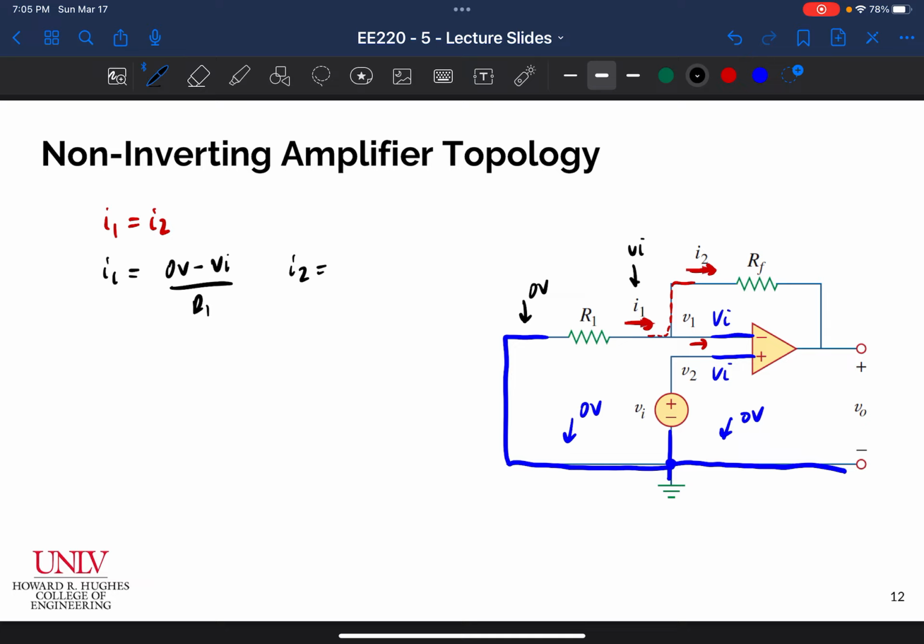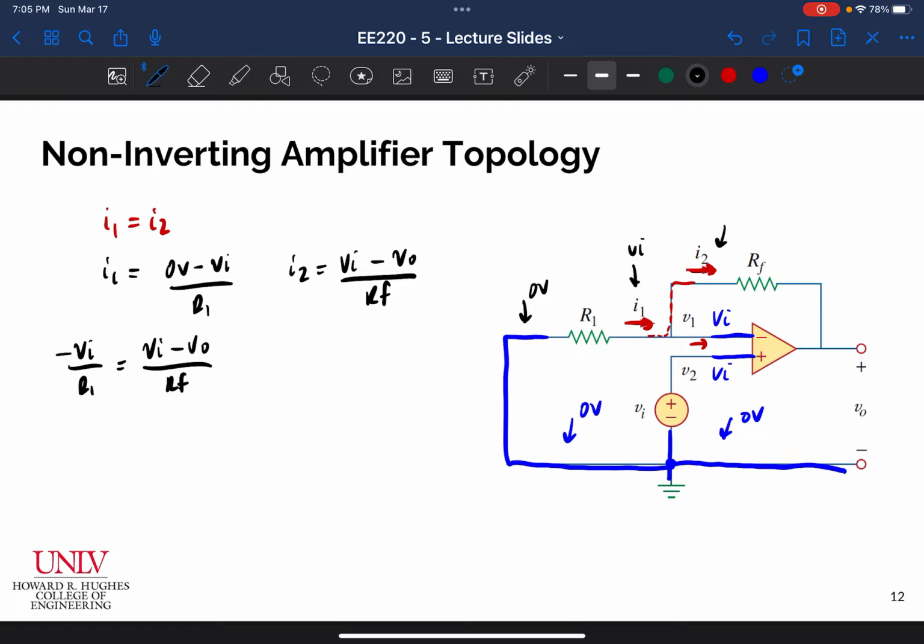And then for I2, the left side of the resistor is at V in, the right side is at V out, and that whole thing is divided by RF. Okay, so let's go ahead and set these equal. We can say negative V in over R1 is equal to V in minus V out over RF.